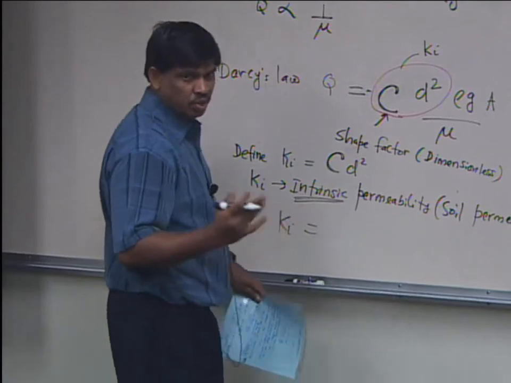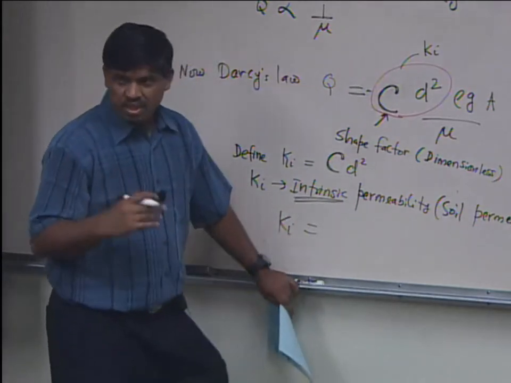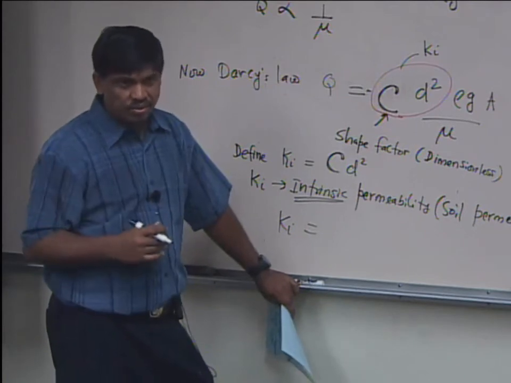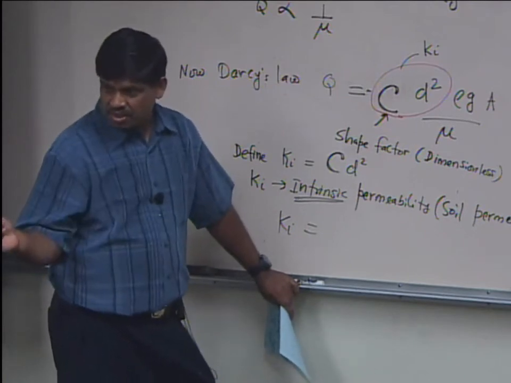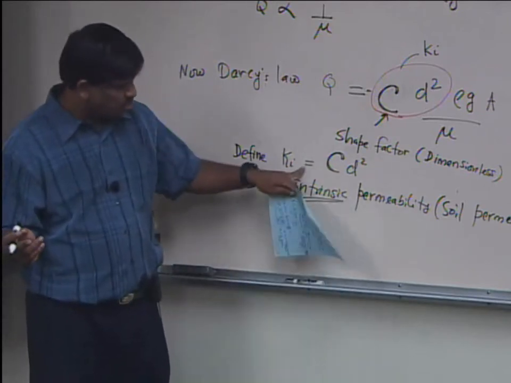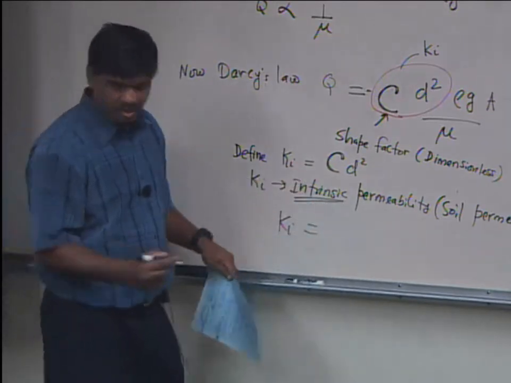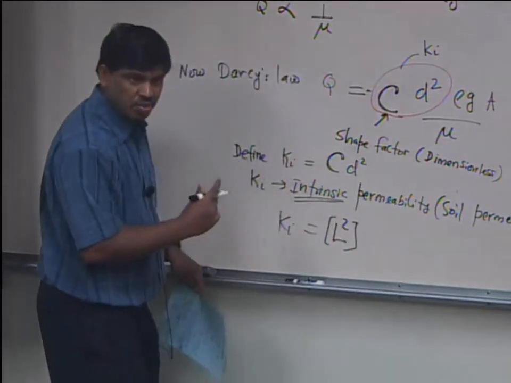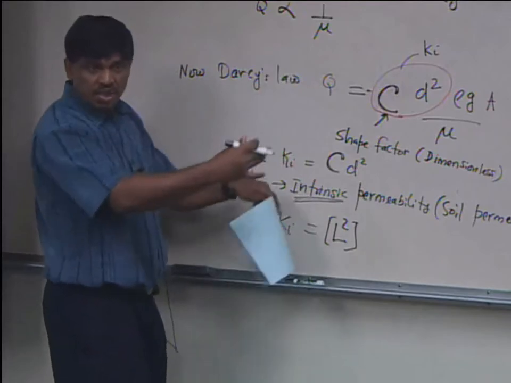Is it in Newton, joules, centimeter, millimeter, or length unit, or what do you think the dimensions of it should be, Thomas? From here, you should be able to say that. It should be length squared, right? Dimensionally, it should be length squared. So it should be millimeter squared or centimeter squared.